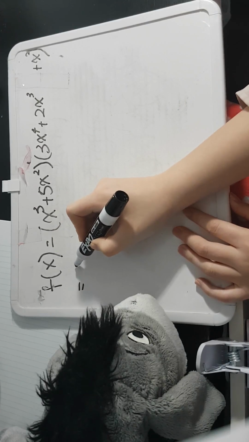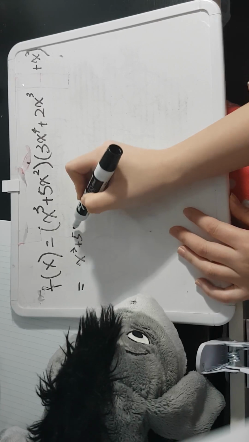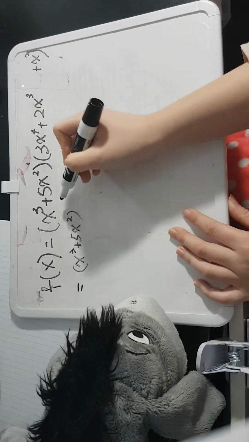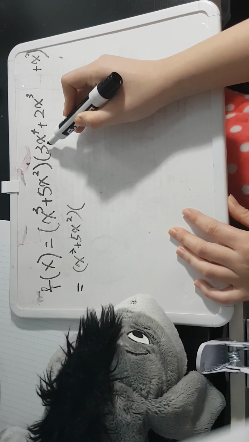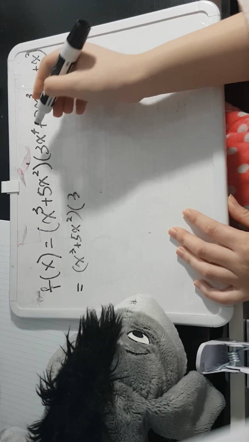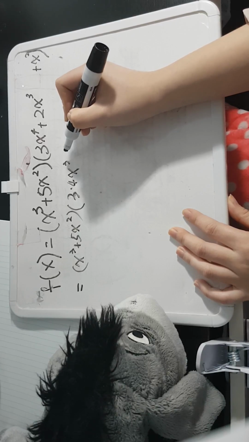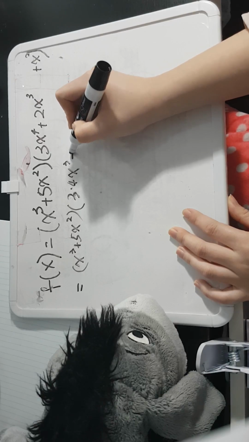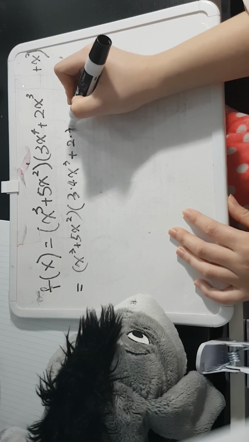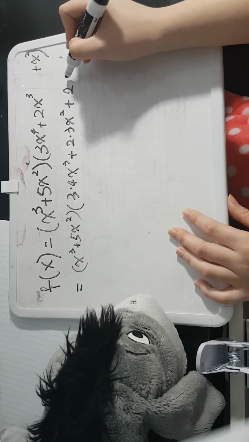So firstly, we're going to write the first function down, multiplied by the derivative of the second function, which is going to be 3 times 4x to the power of 3 according to the rules, plus 2 times 3x to the power of 2, plus 2x.